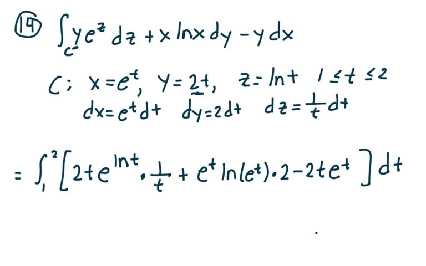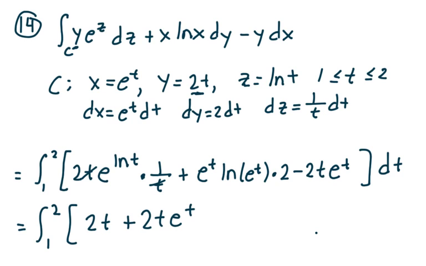Now, let's go ahead and simplify this a little bit. So we're going to take the integral from 1 to 2 of, t's cancel, so I get 2t plus, now natural log of e to the t is t, so I get 2t e to the t minus 2t e to the t dt.